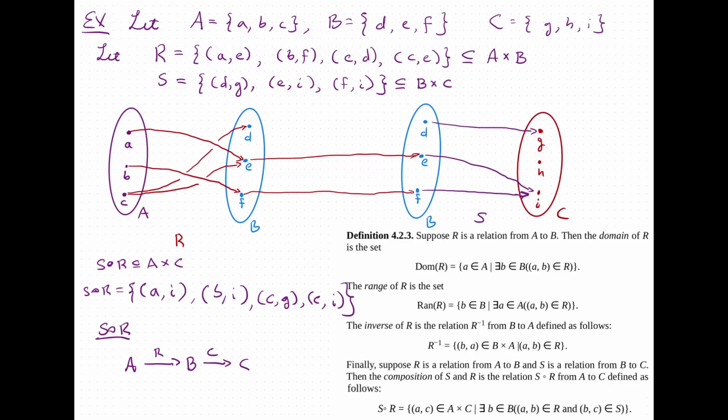In the case of S compose R, we have C comma G and C comma I. So this would not be a function, since the input C has two different outputs. But it still goes with our intuition of how we have thought about mappings in the past. And that's what we are doing with relations and later with functions.